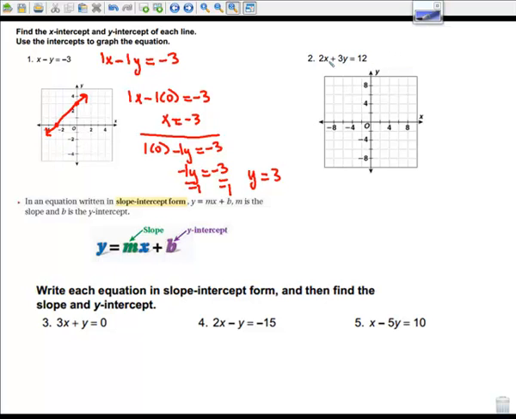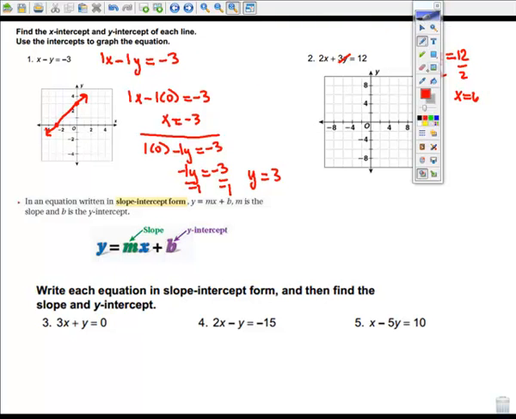Let's do another one. So I have 2x plus 3y equals 12. To find the x-intercept, I set y equal to 0. And really when you set y equal to 0, this whole term is going to cancel out. So 2x equals 12. Divide by 2, and x equals 6. Then I'll do the same thing, except I will now set the x equal to 0.